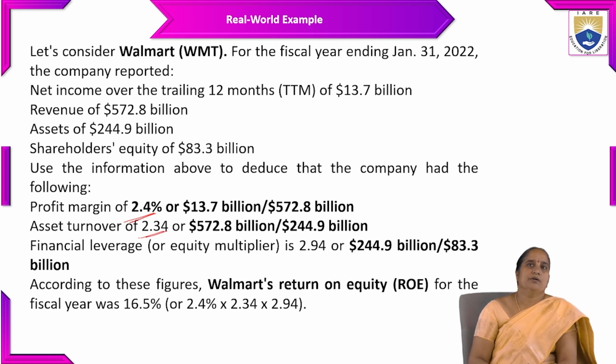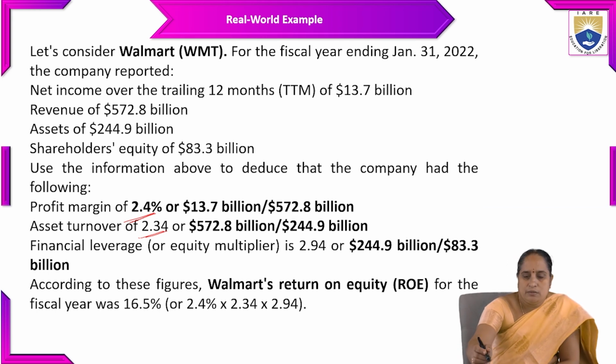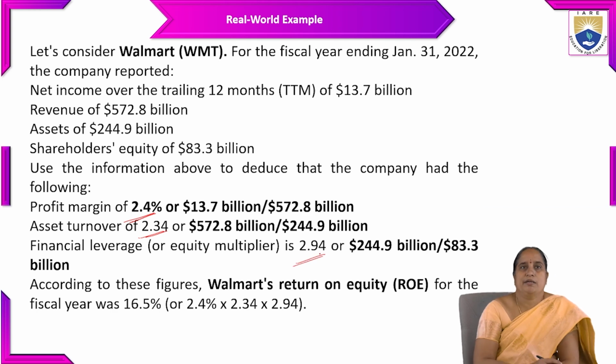The third component of ROE, that is financial leverage, also known as the equity multiplier, can be derived by using the formula assets divided by shareholders' equity. So the assets of Walmart are $244.9 billion divided by $83.3 billion. Then the financial leverage of Walmart is 2.94.